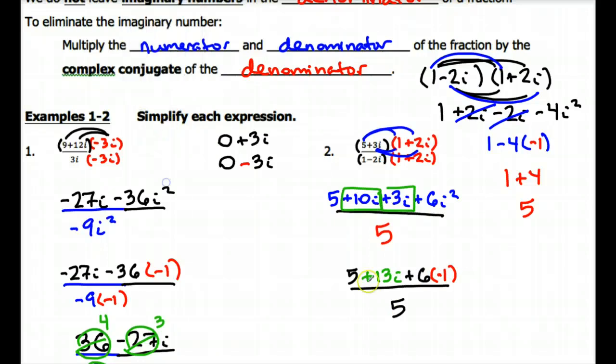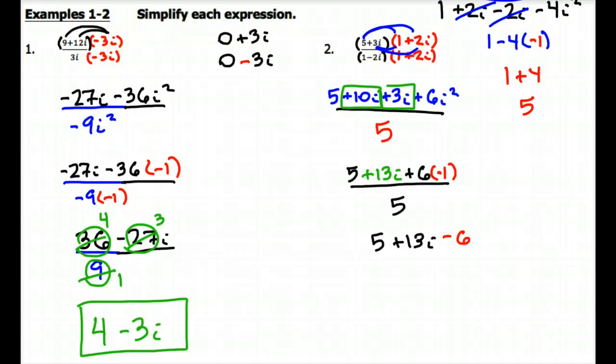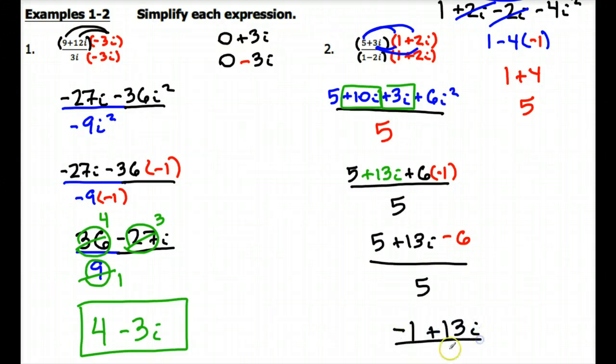So now we have 5 plus 13i minus 6, all divided by 5. Okay, 5 minus 6 is negative 1, so this becomes negative 1 plus 13i, all divided by 5.